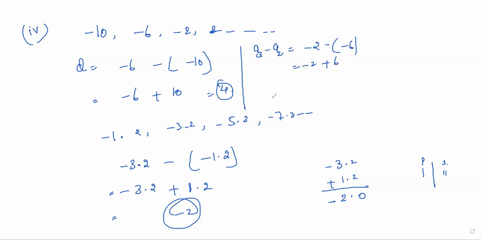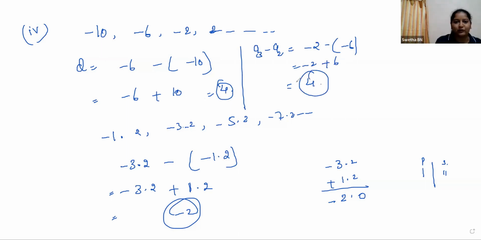Ma'am, it's an AP form, ma'am. Yes, we are getting 4, right? And minus 2, so 2 plus 2 is equal to 4. The common difference is constant. So they are forming an AP. Okay, I understood now, children.